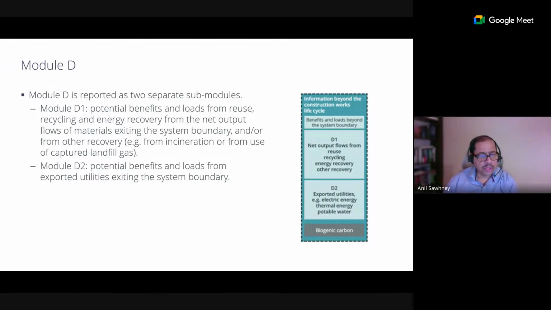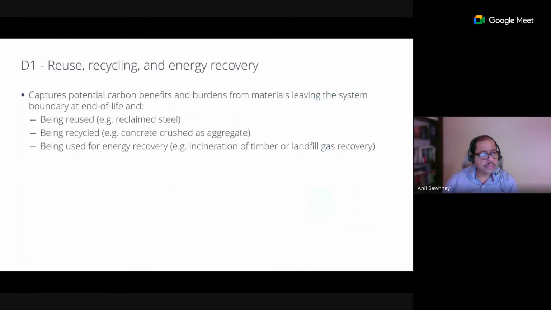Module D2 is the potential benefits and loads from exported utilities. D1 could be materials, products, systems, whereas D2 is essentially exported utilities through electric energy, thermal energy, or potable water. For D1, which is reuse, recycling, and energy recovery, this submodule captures potential carbon benefits and burdens from materials leaving the system boundary at the end of life.